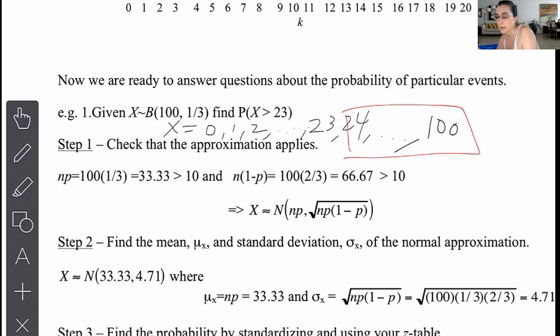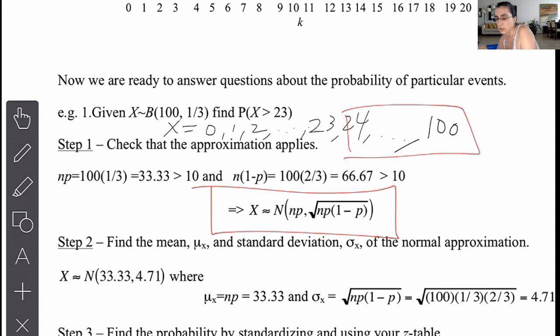Yes, it is. Then n times 1 minus p, is that bigger than 10? Yes, it is. So that means that we can make the approximation. So x is distributed approximately normally with a mean of np and a standard deviation of the square root of n times p times 1 minus p.